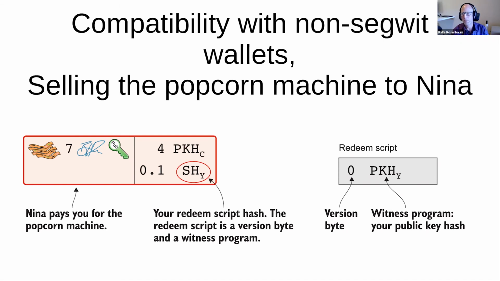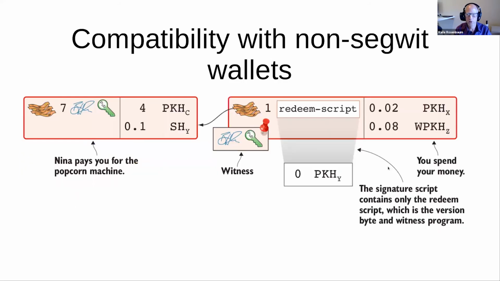You can't give her a Bech32 address because she won't be able to parse it. So what you can do is create a pay-to-script hash address and give that pay-to-script hash address to Nina. And the thing about this pay-to-script hash address is that the redeem script is just a 0 followed by your pay-to-public key hash witness program. So we'll have a look at how that looks.